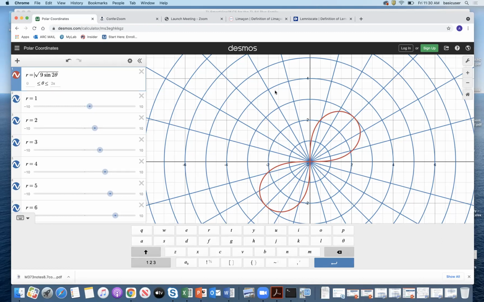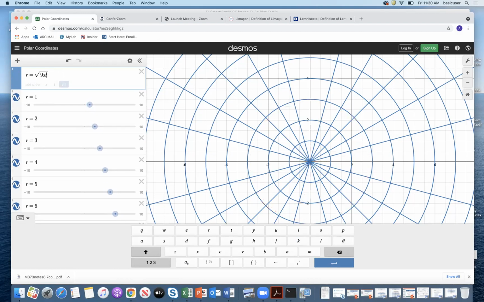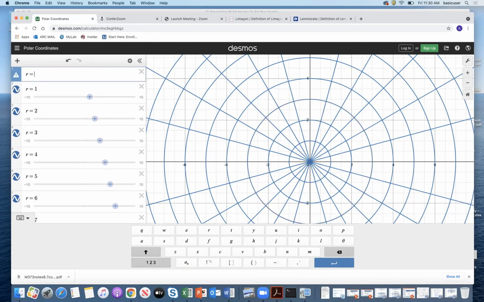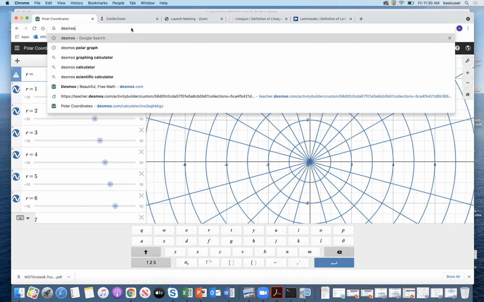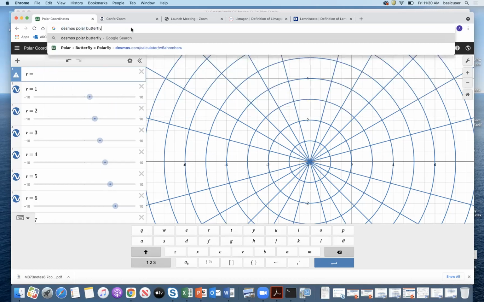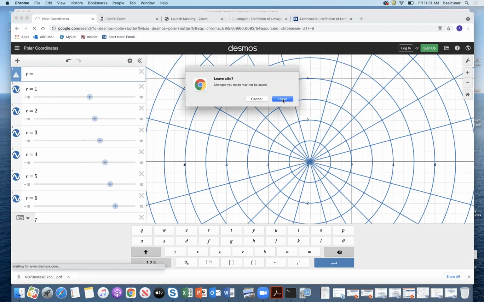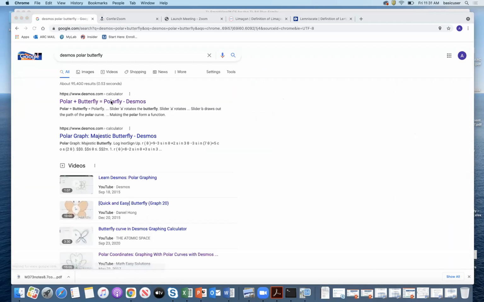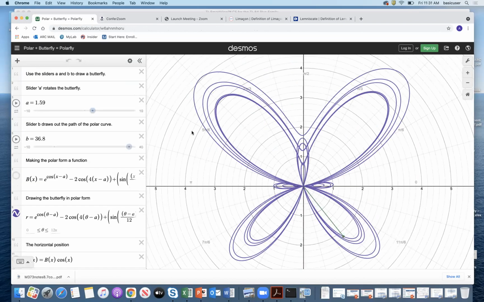We got one more example, but it's kind of fun to play around with. You can do all sorts. If you want to start exploring some pretty crazy looking graphs, you can Google Desmos polar butterfly. Ooh, look, that's kind of neat. So that's a polar graph.